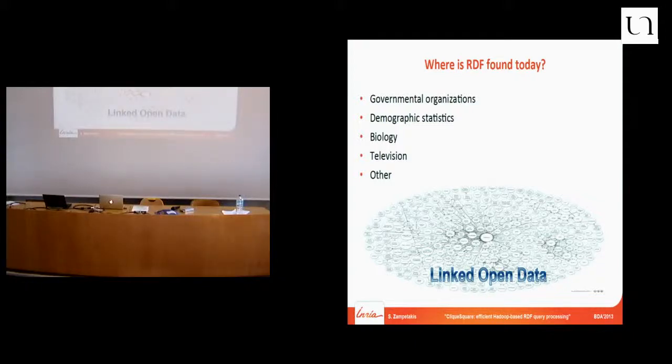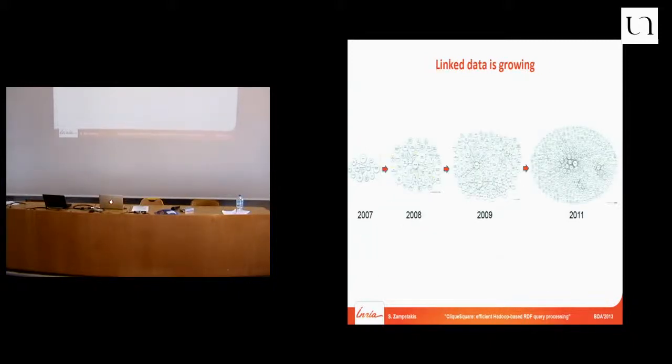Each circle in this graph is an RDF database. The idea is that this data, from 2007 to 2011 and now, is getting bigger and bigger each year.